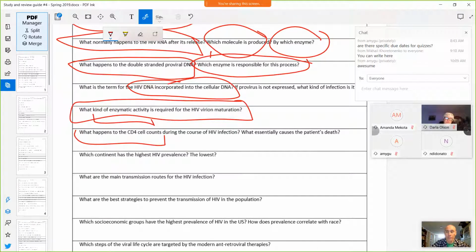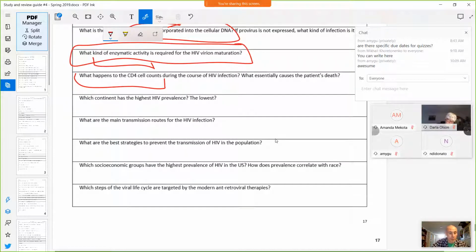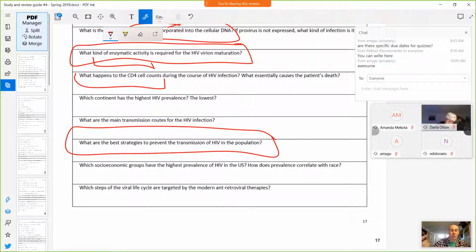But the main transmission routes are sexual and sharing needles. Not blood transfusion. Vertical transmission, not in the United States, but in Africa it is really big, from mother to child. Best strategies to prevent transmission: distribution of needles, safe sex, and treating people with antivirals.